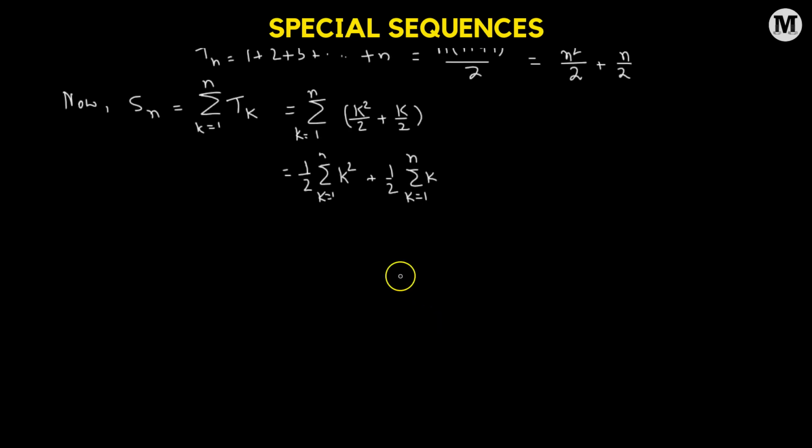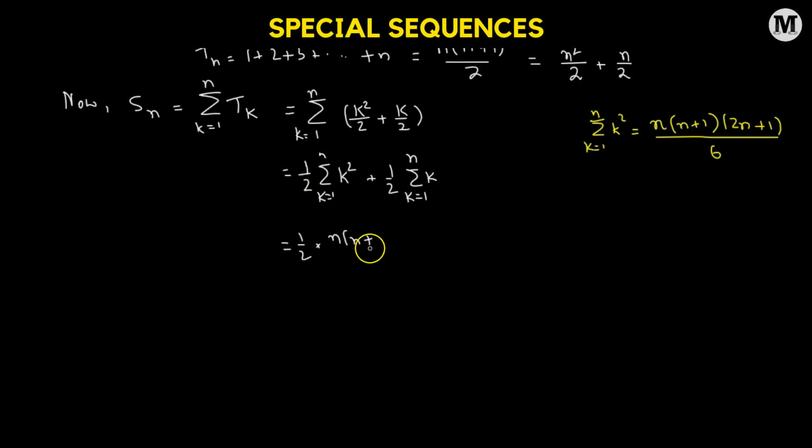Okay, now we have half multiplied to summation of k squared. There's a standard formula. We know that summation k squared, where the index k runs from 1 to n, is given by n times n plus 1 multiplied to 2n plus 1 whole divided by 6. So that means we have half multiplied to n times n plus 1 times 2n plus 1 whole divided by 6.